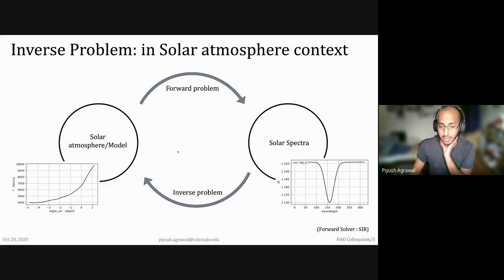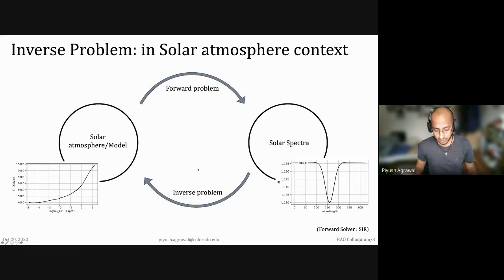The inversion problem, on the other hand, is that when you're given the solar spectra, you are asked to infer the atmosphere that would have actually resulted in the spectra.